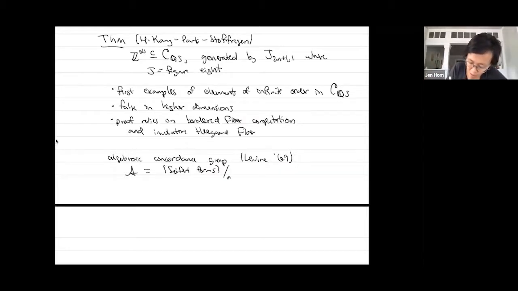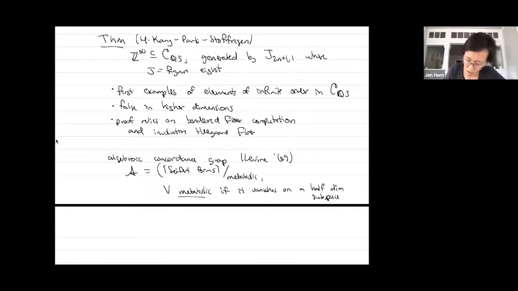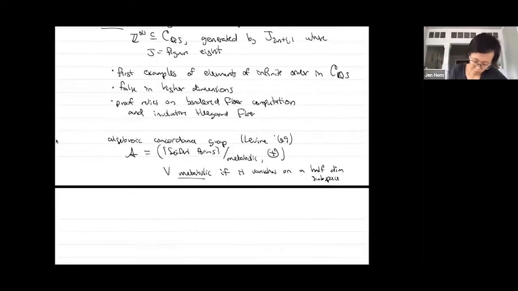And you quotient out by metabolic forms, where remember a form is metabolic if it vanishes on a half-dimensional subspace. You look at this set under the operation of direct sum. This forms a group, and this is completely algebraically defined, and you can show that this group is isomorphic to Z^infinity plus (Z/2)^infinity plus (Z/4)^infinity.